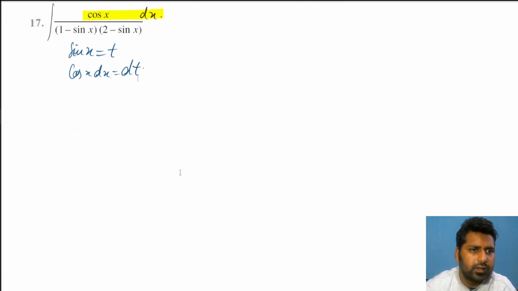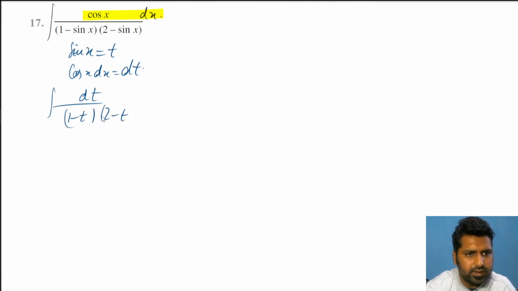Okay. If we use this substitution, numerator becomes dt, denominator becomes 1 minus t, 2 minus t. Okay. So what is this? We take negative common from both the expression. This is nothing but 1 upon t minus 1, t minus 2. A simple partial fraction question.